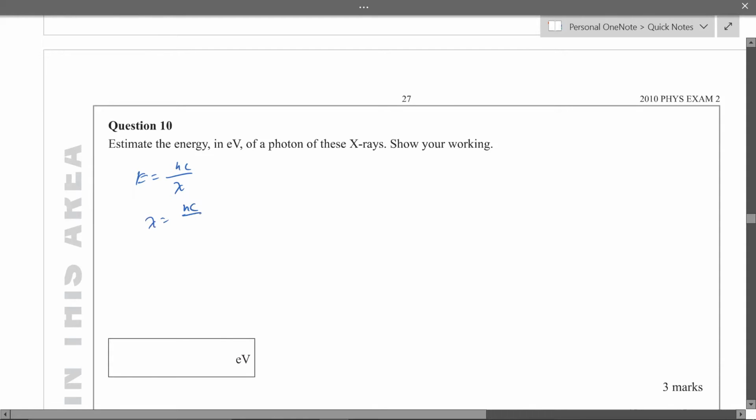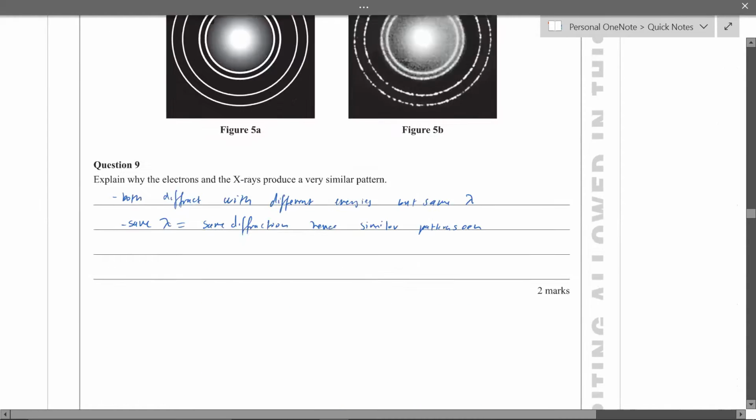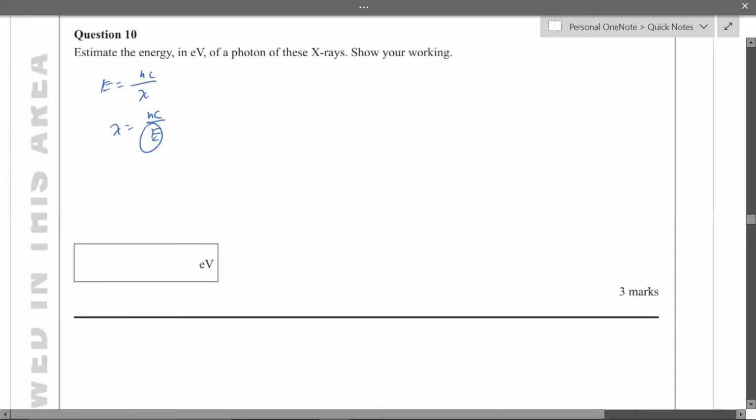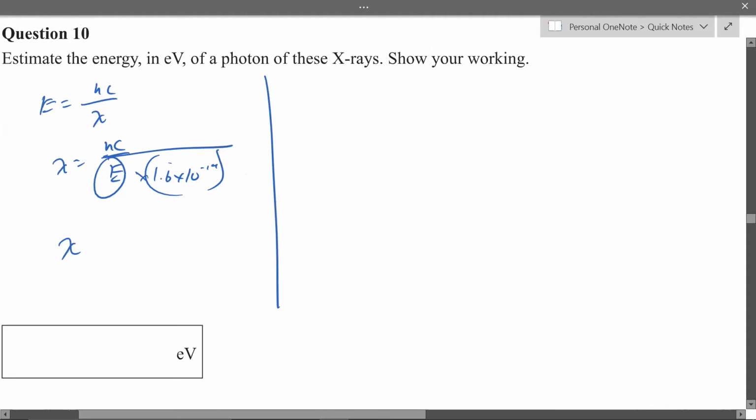So hc on E, but we have to convert this E, because they gave it in electron volts, to joules by multiplying by 1.6 times 10 to the negative 19, which is the charge of an electron, and then you get lambda. And then the next thing you do is use lambda equals h on p, and this is for the electrons.